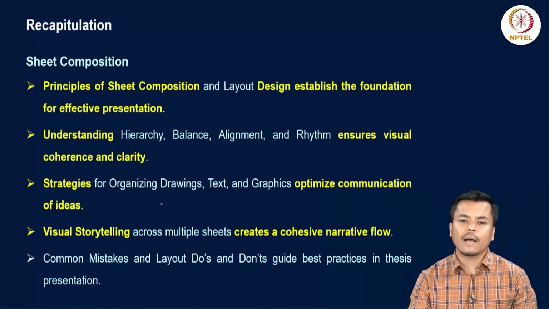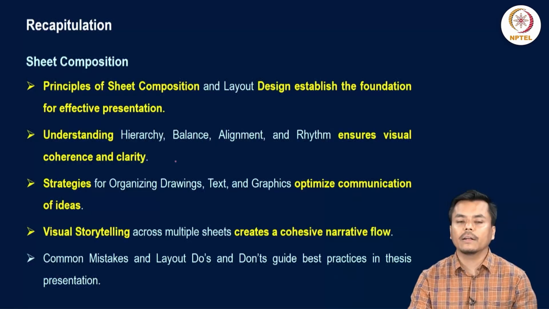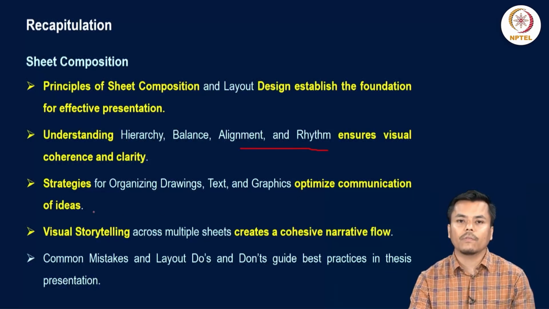To give you a recap of what we have covered in the previous presentation, that was related to sheet composition. The principles of sheet composition and layout design were discussed, which help in establishing the foundation for effective presentation. Understanding hierarchy, balance, alignment and rhythm was also discussed, which ensures visual coherence and clarity in the design. Strategies for organizing drawings, text and graphics help in optimizing communication of ideas.